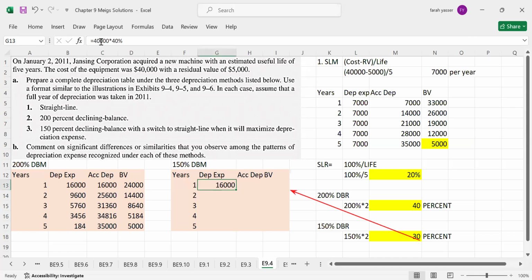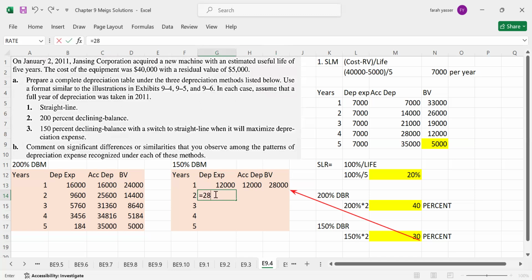So this 40,000 cost multiplied by 30% is the depreciation expense. Accumulated depreciation is the same 12,000, and the book value is cost, which is 40,000, minus accumulated depreciation, which is 12,000. So this was the book value at the end of the first year, or at the start of the second year.